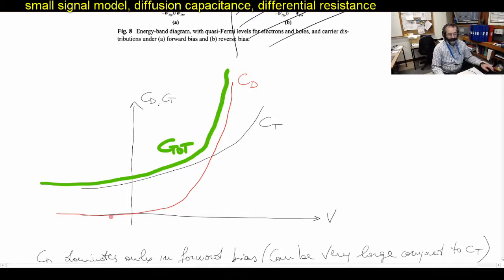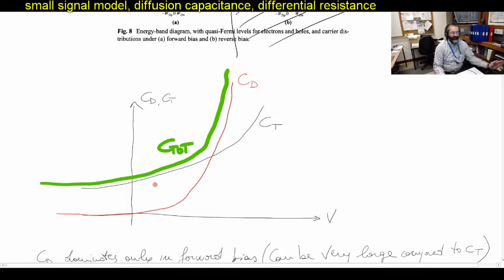The diffusion capacitance, this red line, is effectively zero in reverse bias, then picks up and grows exponentially, as we will see in a moment. So in forward bias it is the capacitance that dominates over everything else, while the depletion capacitance matters in reverse bias, where it is the only one that is non-zero.